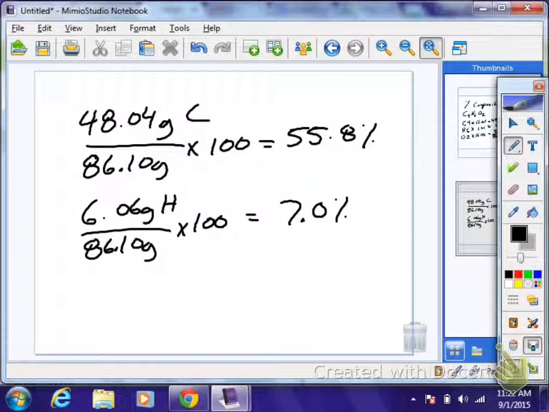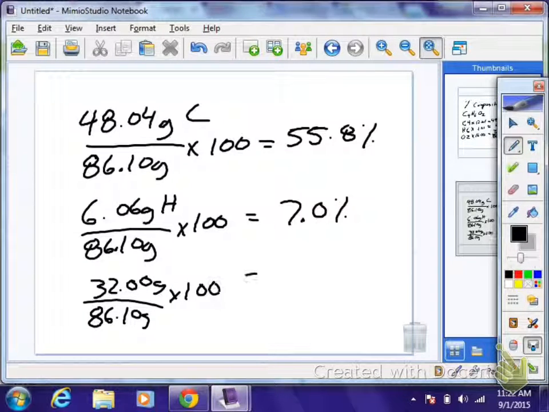Or we could just take 32 divided by 86. Then it should add up to 100, but we always have rounding that happens. It could be 99.9%, it could be 100.1%, depending upon how far you take it out.